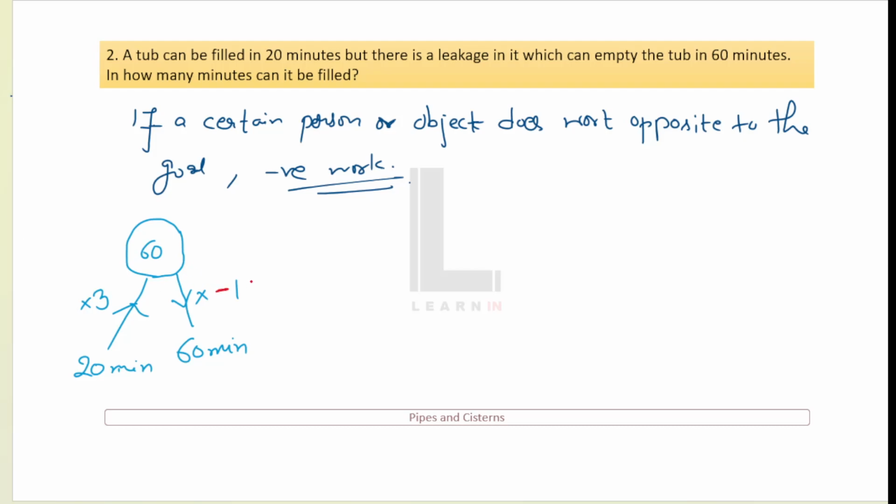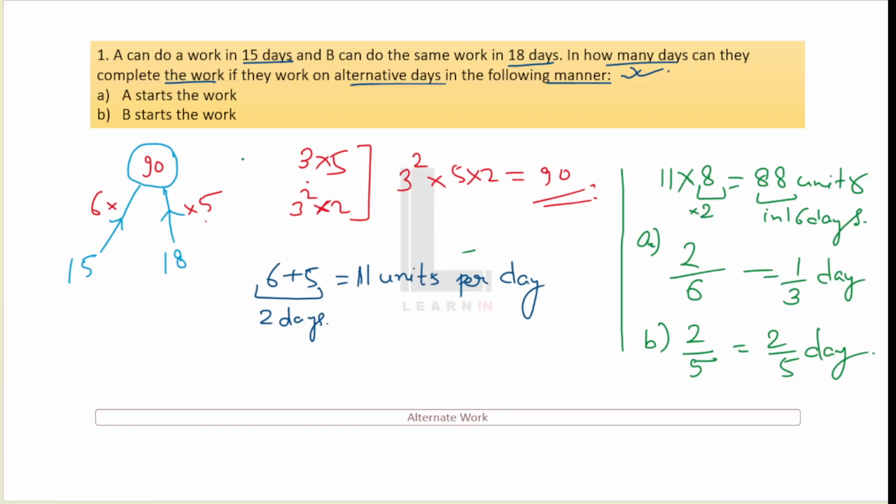Because this leakage is clearing it by -1. Fine. So what efficiency would we have? The efficiency that we would have would be 3 minus 1 equals 2 units per minute. Okay, let us see whether this was days or minutes.